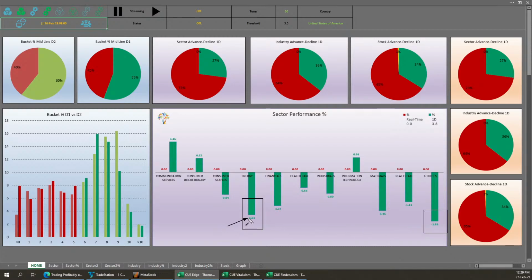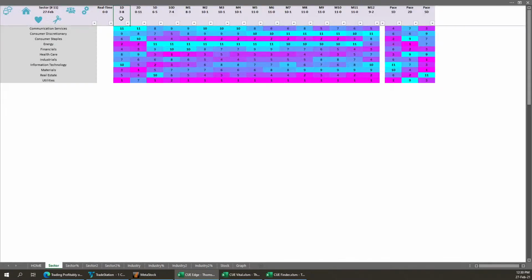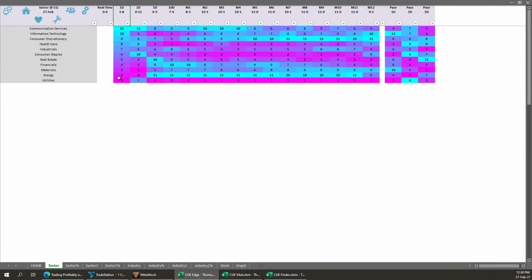Energy was the second weakest, and if we look at the sector scorecard on Friday, I'm sorting by 1 day period. Energy, from being the best performer over the 5 day period, over 2 days, on Friday it became one of the worst performers. It is showing heavy deceleration. That also helped me decide to hold on to the USO short position, not exit it completely.